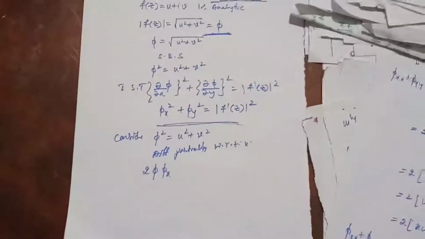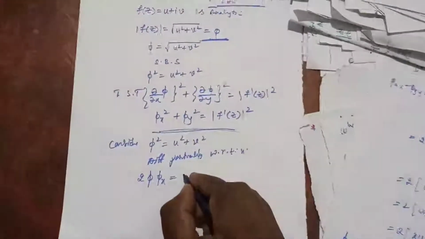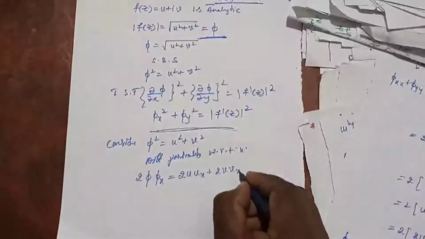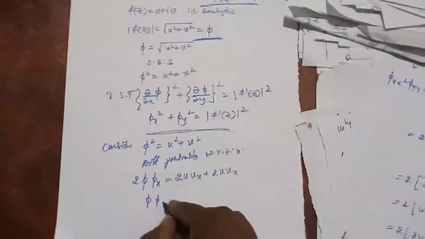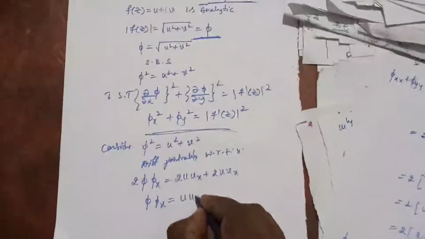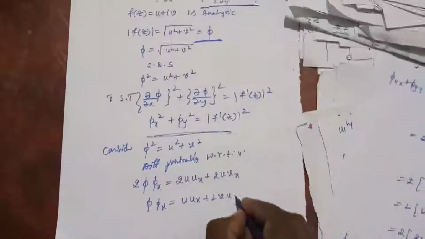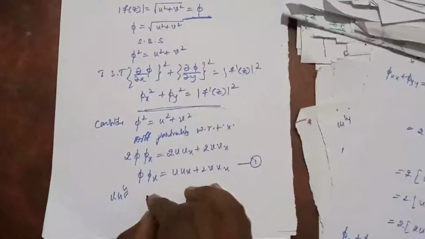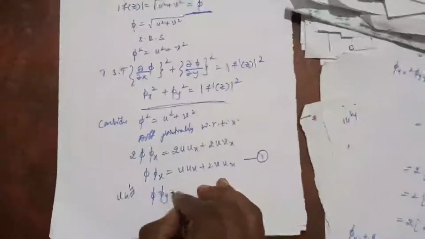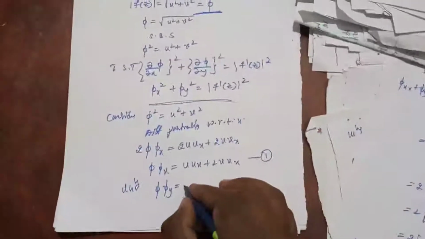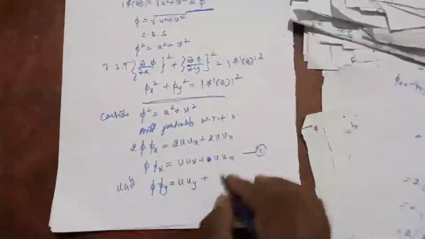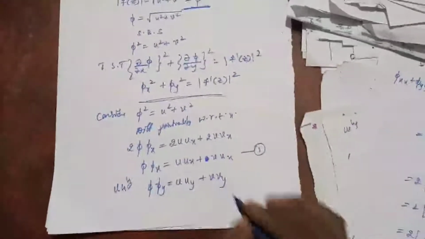Here u square differentiation gives 2u ux plus 2v vx. 2 will get cancelled: phi phi x equal to u ux plus v vx. Call this 1. Similarly for y, this is a symmetric function. Write that directly: phi phi y equal to u uy plus v vy, where 2 also gets cancelled.